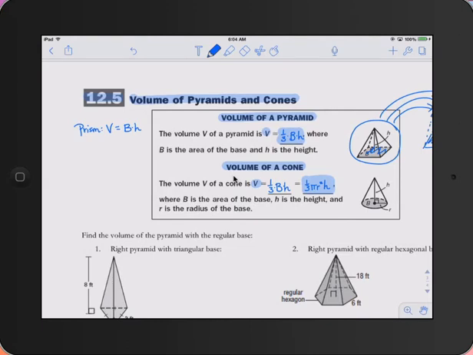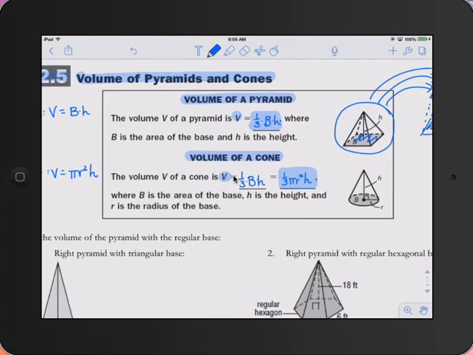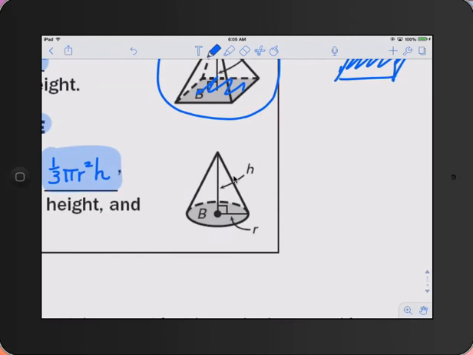So a cylinder, the volume is pi r squared h. So if the circles were the same diameter and the heights were the same in the cone and the cylinder, it would take 3 of these cones to fill up a cylinder.